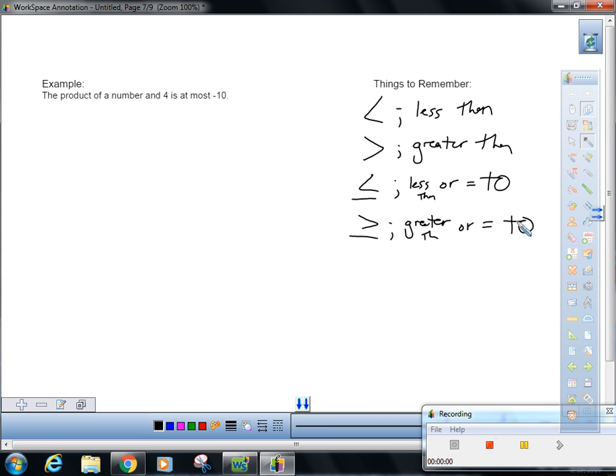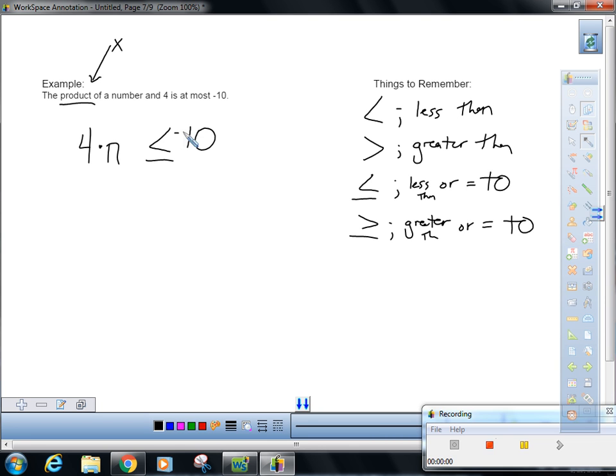So, the product of a number and 4, well, product is multiply. So, 4 times n is at most negative 10. At most means it cannot be more than negative 10.